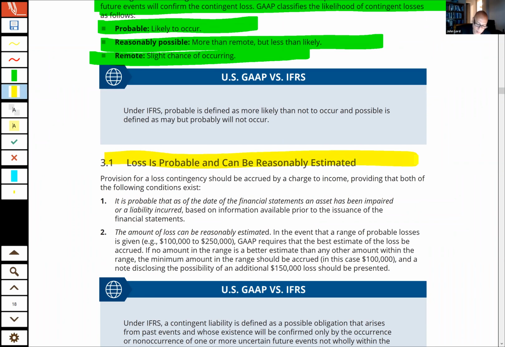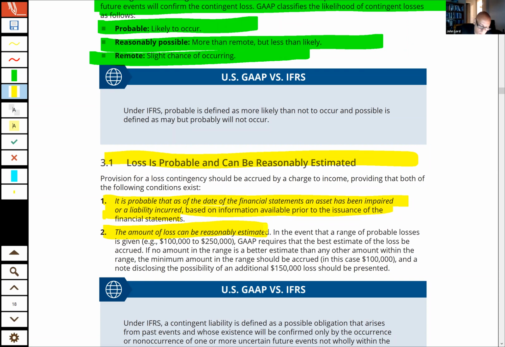If a loss as of the date of the financial statements is probable, then you will literally have to debit an amount to loss and credit an amount to the liability. Of course, that loss has to be reasonably estimated. We don't just go wild and start booking losses without a reasonable estimation process.